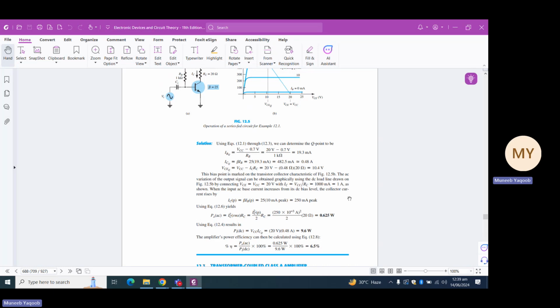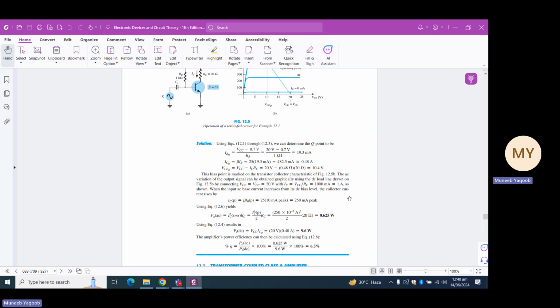For class A power amplifier, the output is available for the entire duty cycle, for the entire 360 degrees. But for class A power amplifier, we have much less efficiency as compared to the other classes of the power amplifiers. Why?